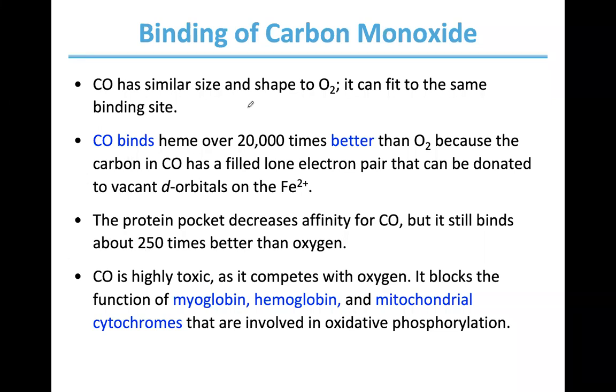So carbon monoxide, CO, if you draw the resonance structure of carbon monoxide, remember, you can draw a resonance structure in which you have a triple bond.